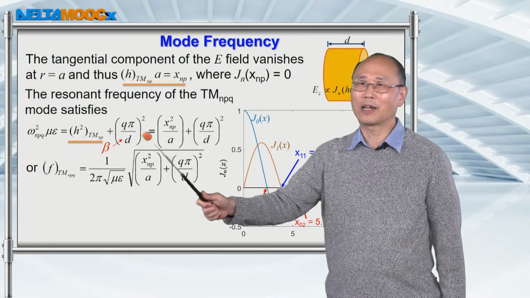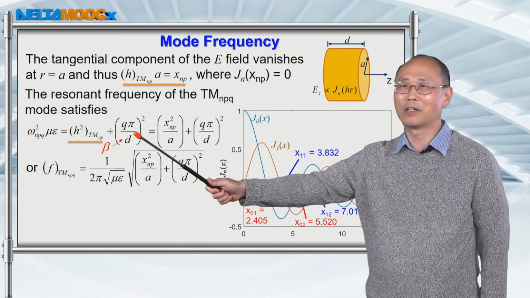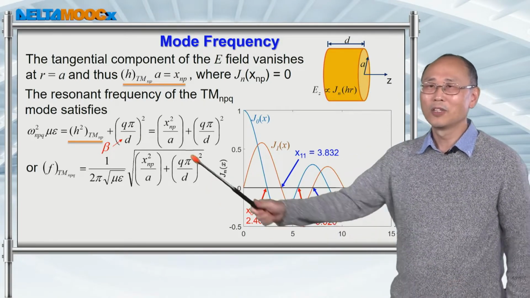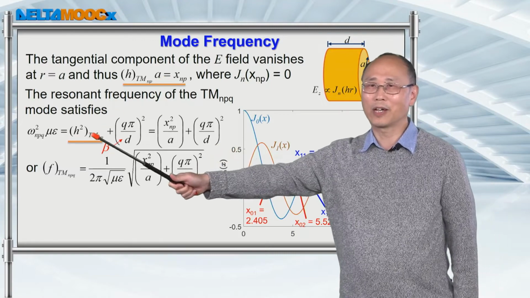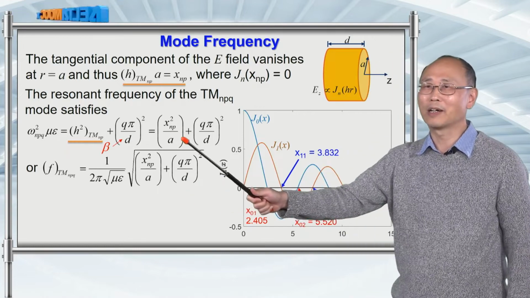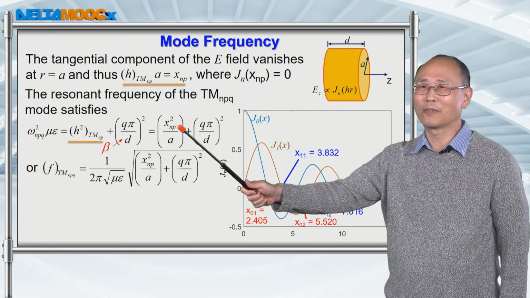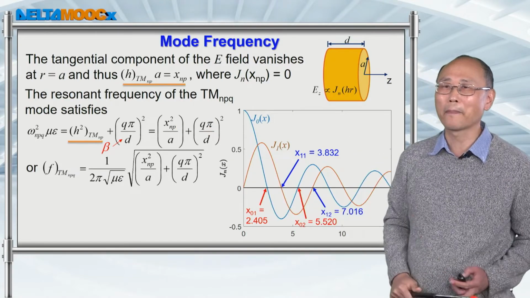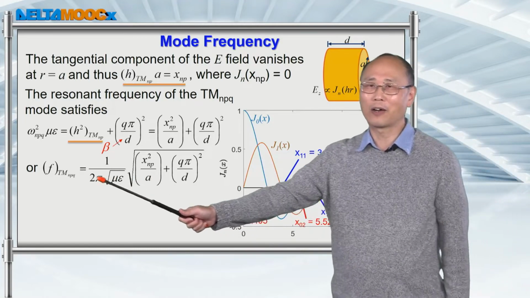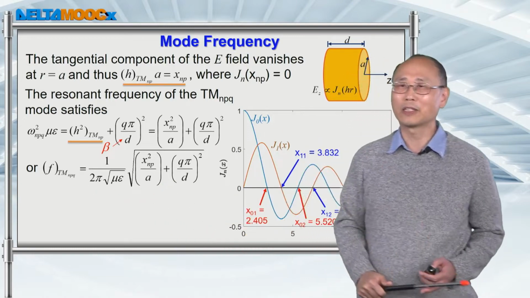And this is the kz, the k value along the z direction we just derived on the last page. So let's put this expression into this. Then you have the resonant frequency depending on a and d at the same time, the zeros of the Bessel function and also q pi. So the specific expression for the resonant frequency for the TM npq mode is given by this expression.